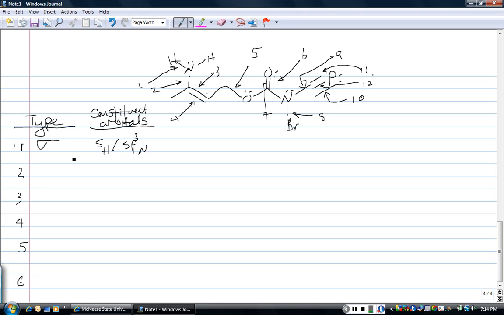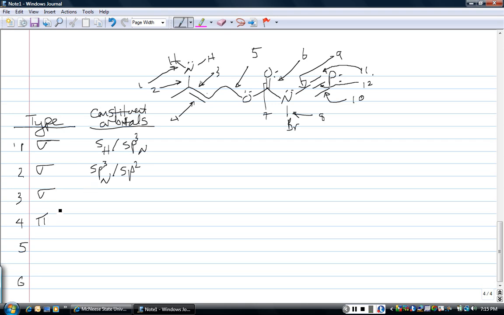So bond number 2, we said is going to be sigma. The orbitals are going to be sp3 of nitrogen and sp2 of carbon. Bond number 3. Now 3 and 4 are a double bond, and I don't care which one is sigma, which one is pi. But if I say 3, for example, is sigma, then I've designated 4 as pi.